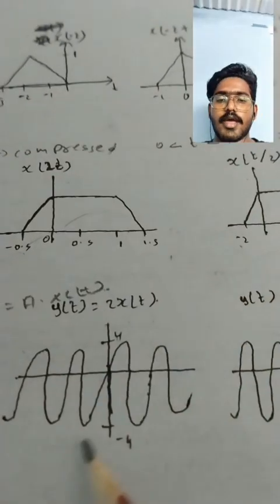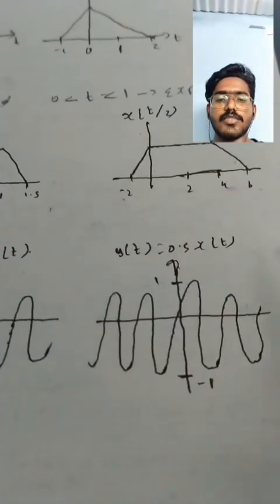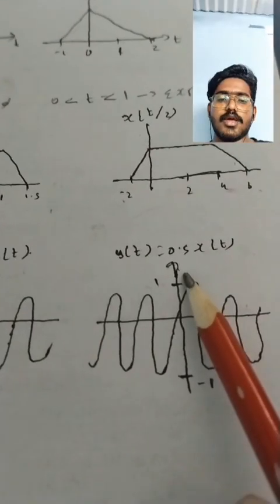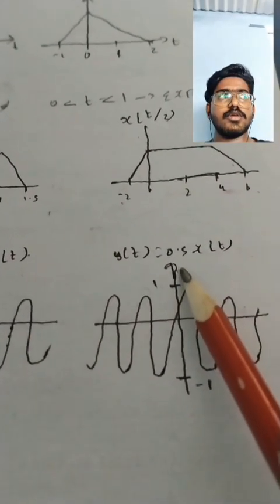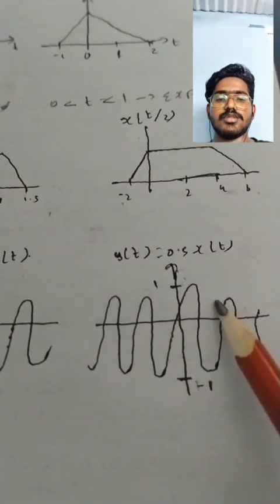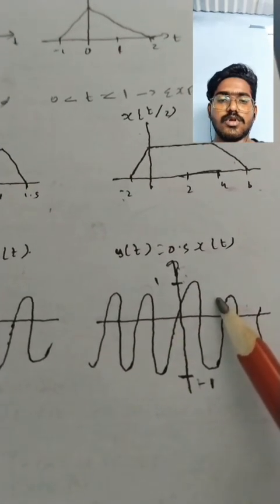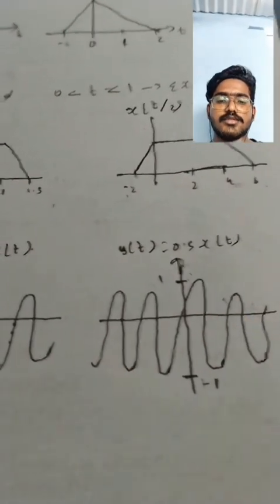This is called expansion of amplitude. And if we multiply with 0.5, the amplitude range is 1 to minus 1. This amplitude scaling is called attenuation.